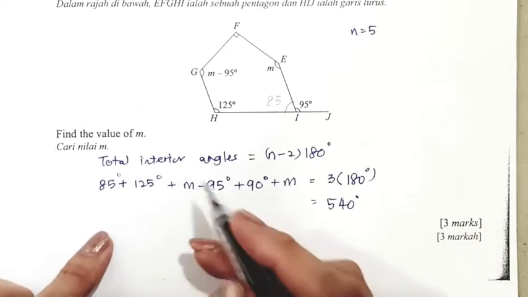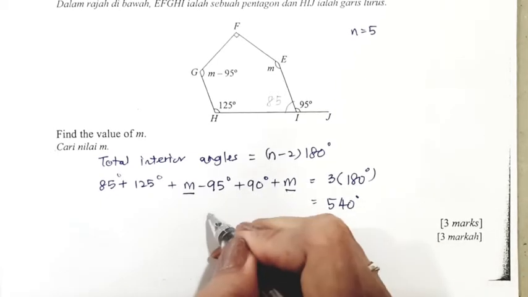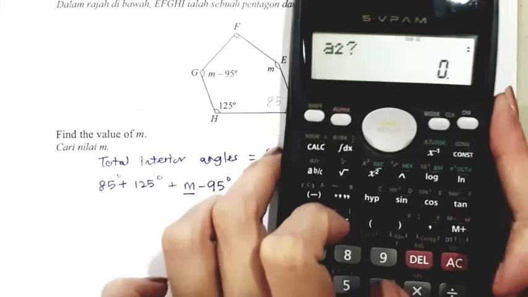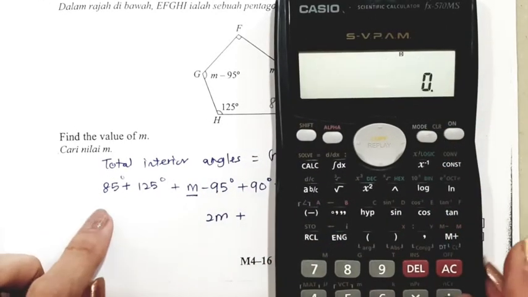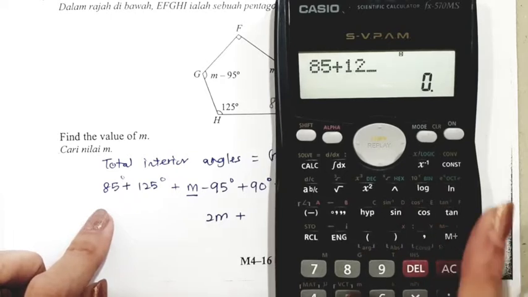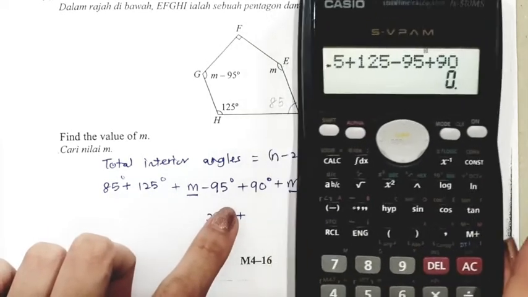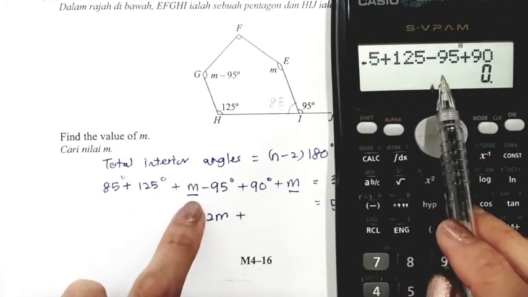And on this side, let's group all the variables. We have 2m over there, and the rest of the numbers, let us total it, okay? Now, so we have 85 plus 125 minus 95 plus 90.